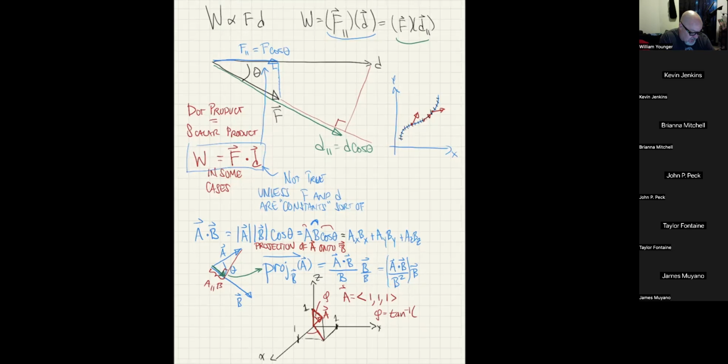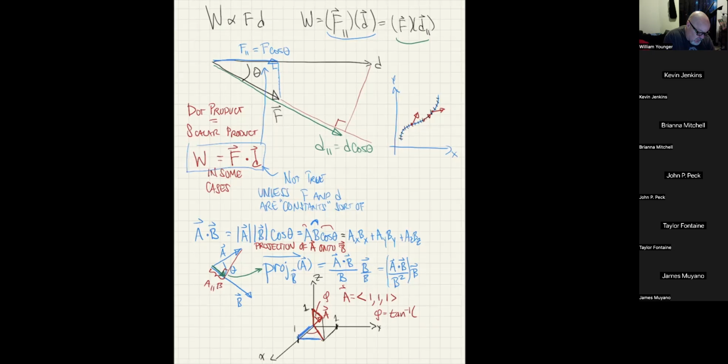You see that the X component is 1 unit long and the Y component is also 1 unit long and it's lying in the XY plane. How long is that diagonal going to be? This is 1 unit.